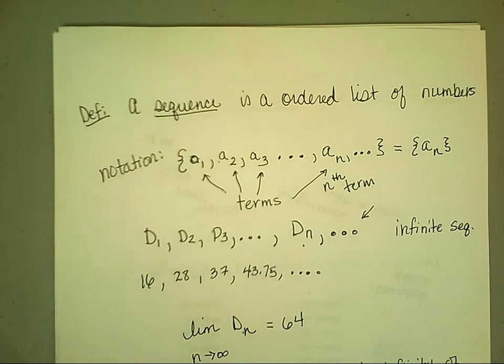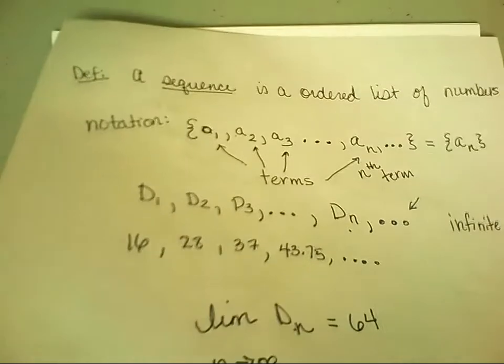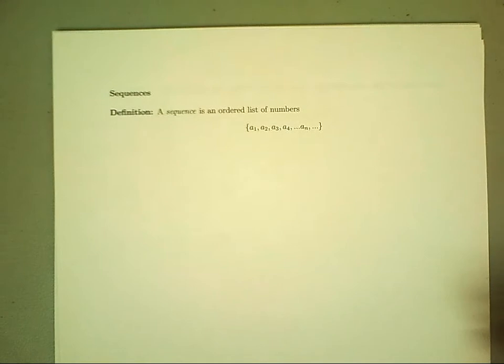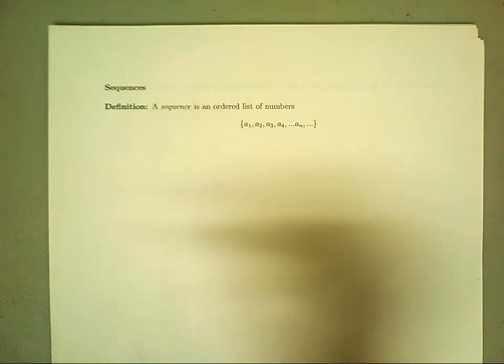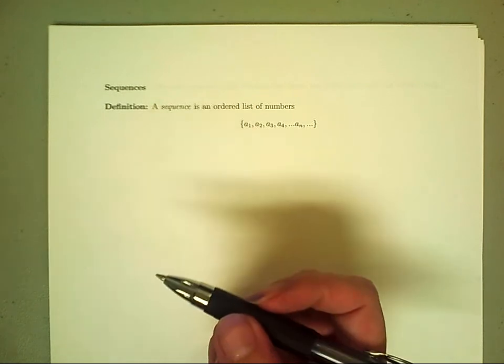Now what we can do is think of each sequence as a function. So this is just the definition that we wrote down here. We can think of it as a function.